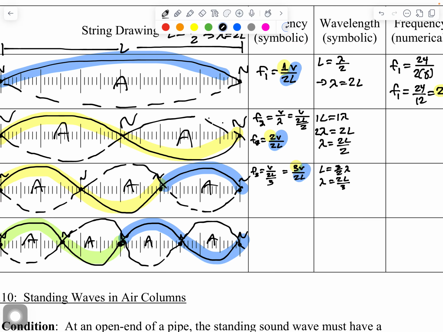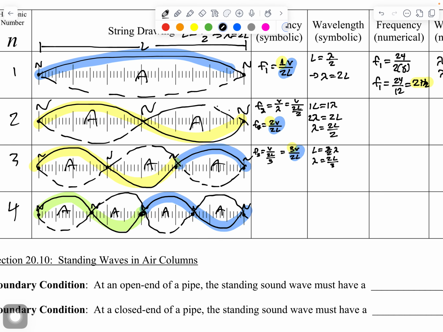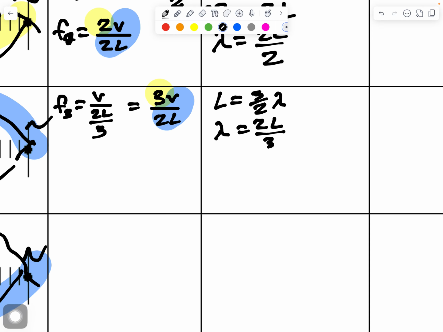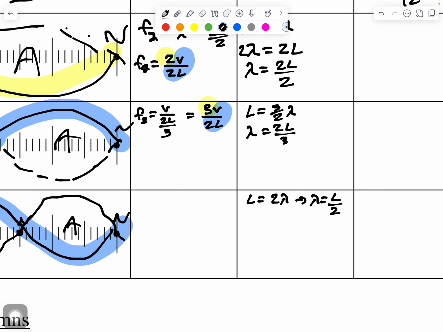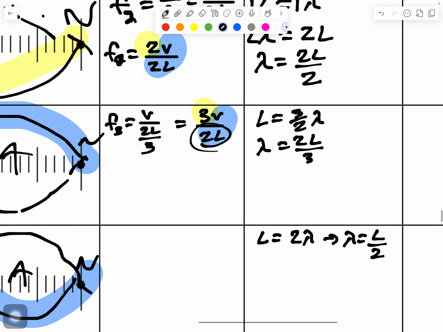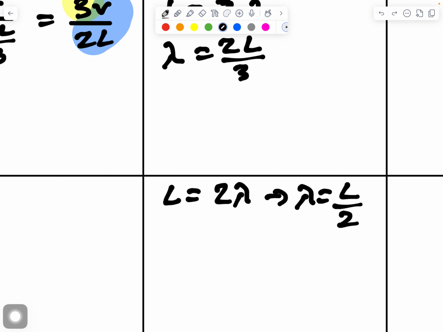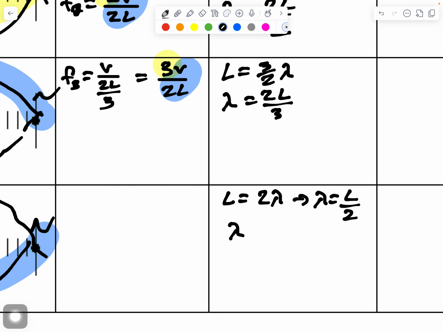Next one, we have the length of the oscillator equal to 2 full wavelengths, 2 full cycles. So the length of the oscillator equals 2 lambda, or lambda equals L over 2. Now I want things to stay the same with a 2L in there, so I'm going to rewrite this: if lambda is equal to L over 2, it's equal to 2L over 4. 2/4 is the same ratio as 1 over 2.